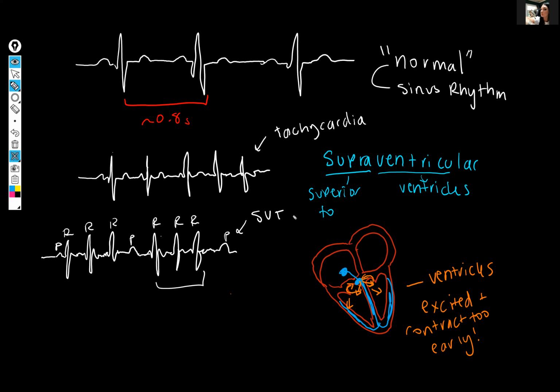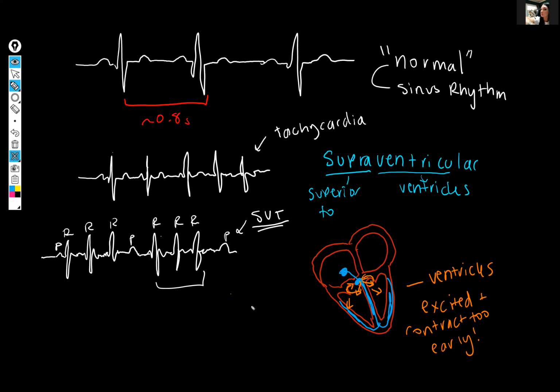And then let me do one more thing. So typically when you get this re-entrant rhythm going, when you have an SVT, they don't usually correct themselves. They actually tend to get worse until you enter VFib, which is ventricular fibrillation. And that's again because we have this positive feedback loop that's creating problems.